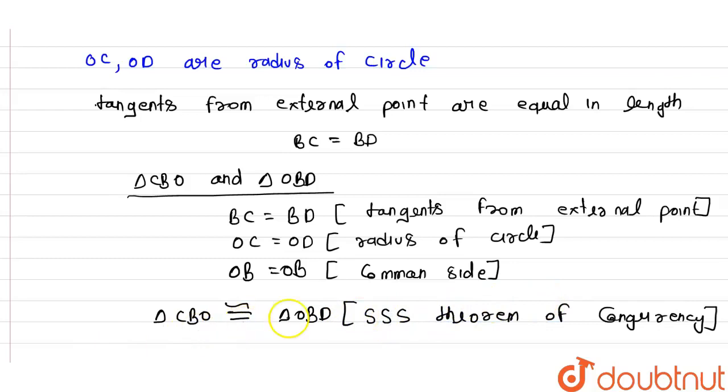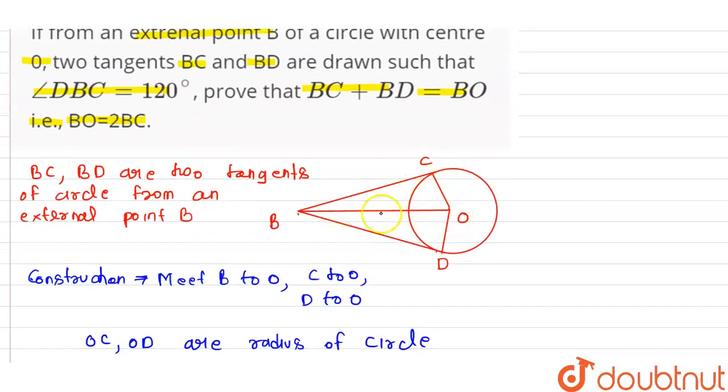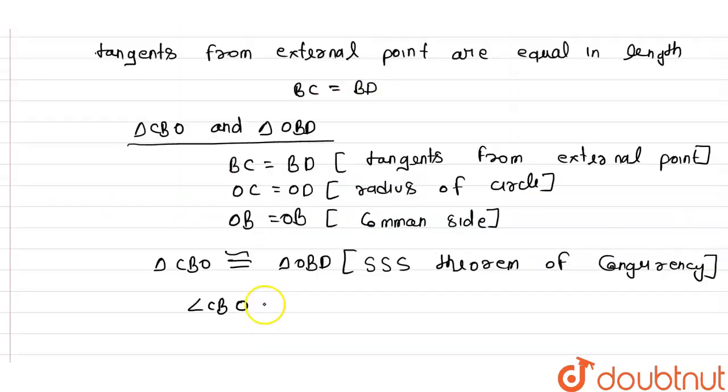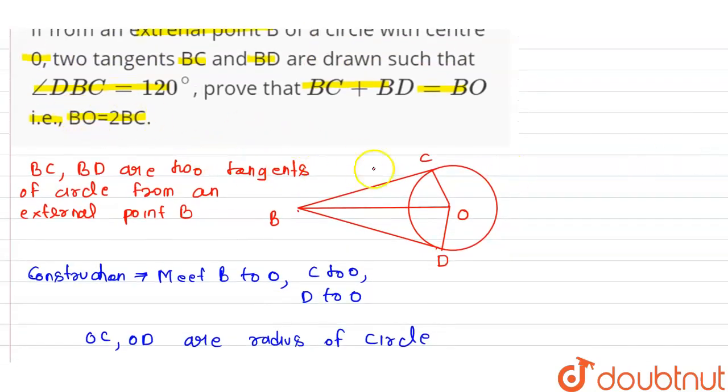Triangle CBO and triangle OBD are congruent triangles, so the corresponding angles of the congruent triangles will also be equal. So angle CBO is equal to angle OBD. In the given question, we have the value of angle DBC, that is 120 degrees.